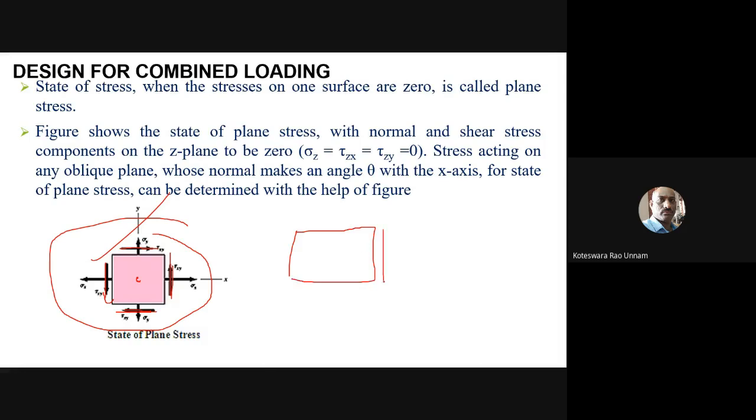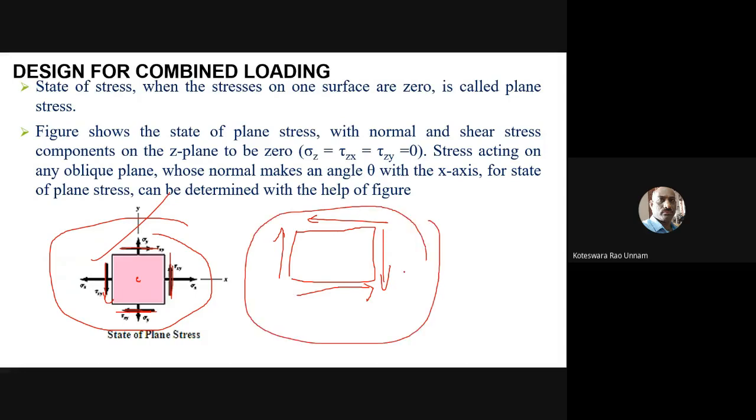So now I can show something like this: this is negative, then this is also negative, then this is also negative, and this is also negative. If the shear stresses are represented like this, you have to take them as negative shear stress values. If they are represented like this, you need to take them as positive.